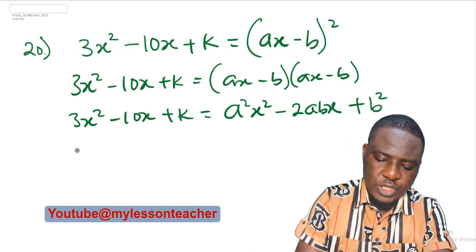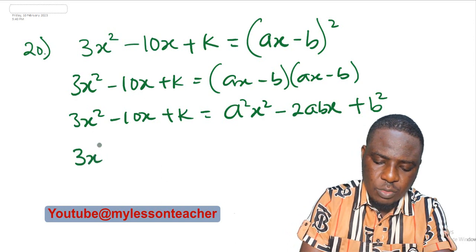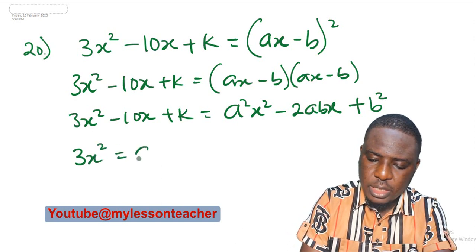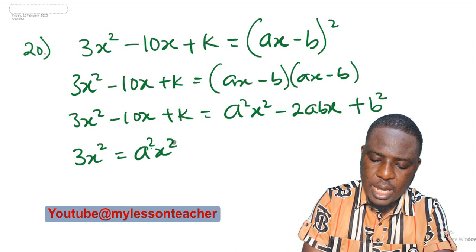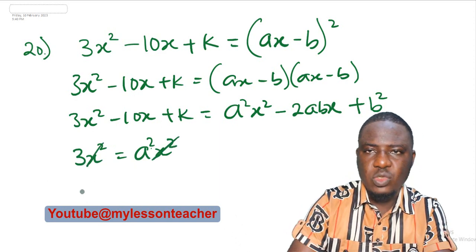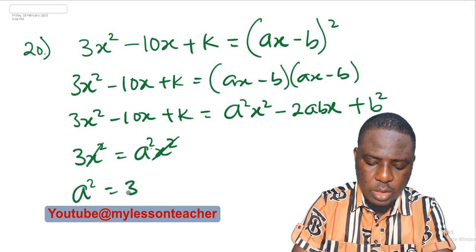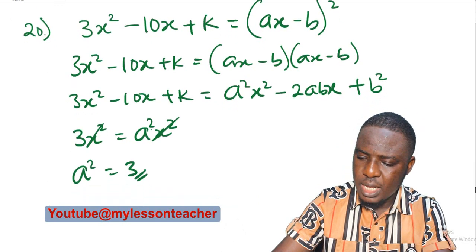Now by comparing coefficients, we have the first term 3x squared equal to a squared x squared. Dividing both sides by x squared, you have a squared to be equal to 3.